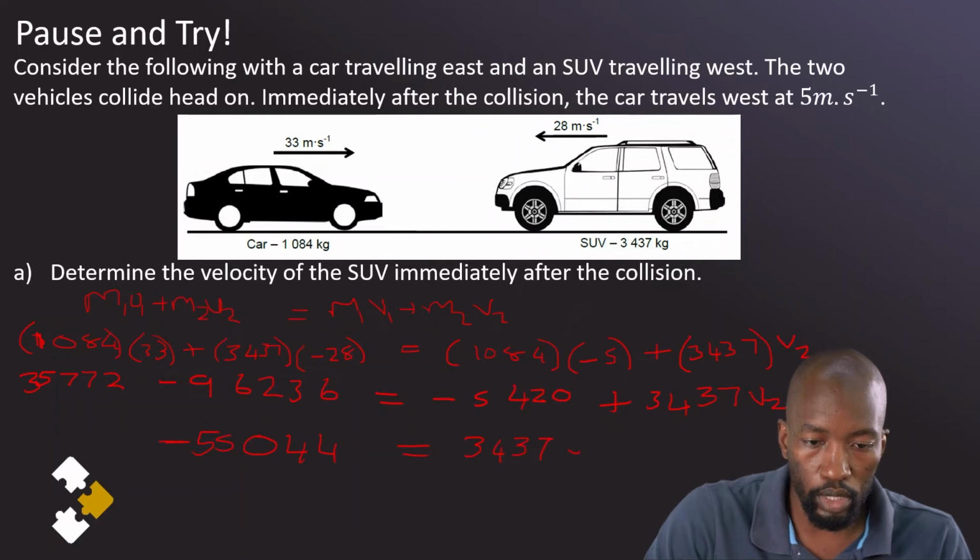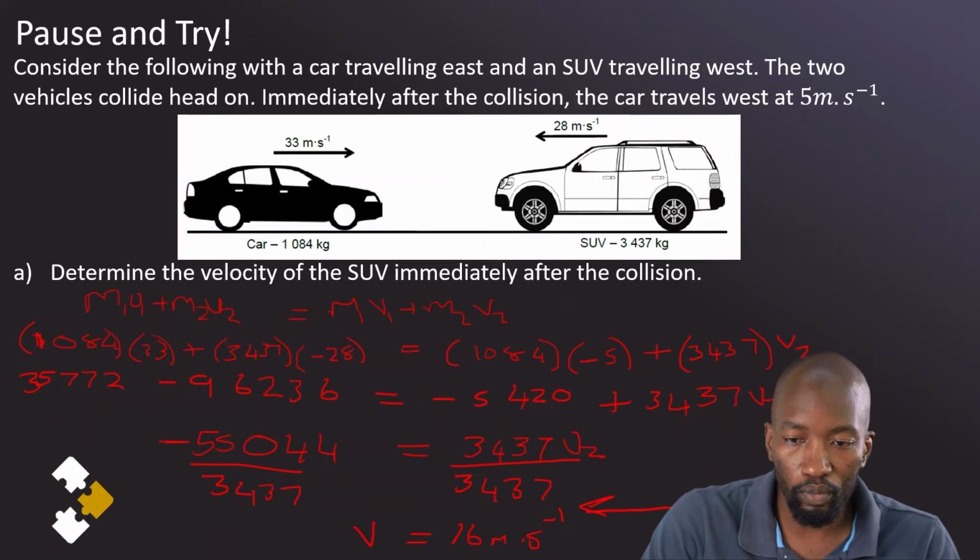Then let's divide both sides by 3437. Then V2 is going to be equal to 16 meters per second. In which direction? To the right. Why? Because the answer that we found there was negative. Now let's go to the next one.